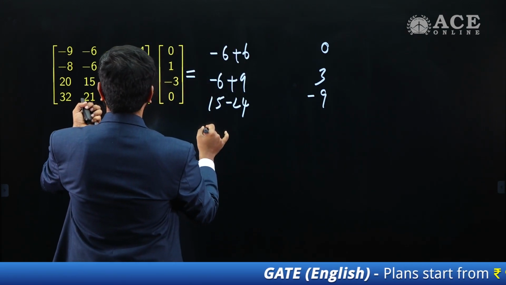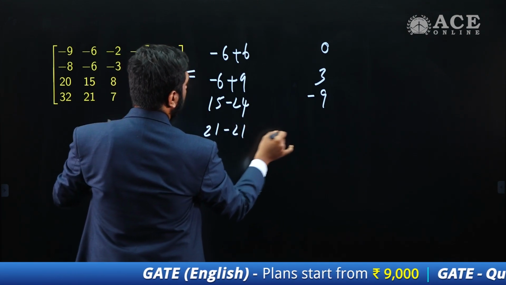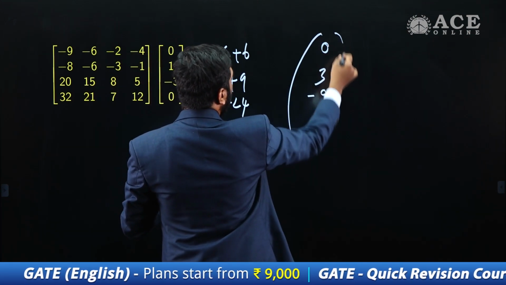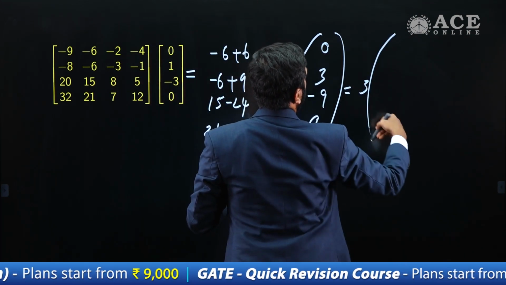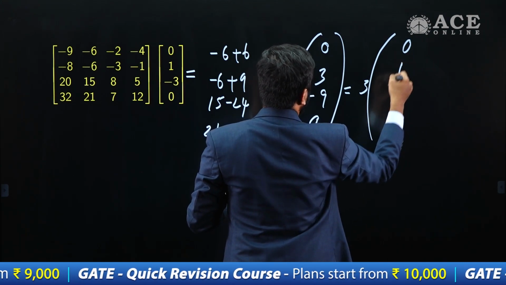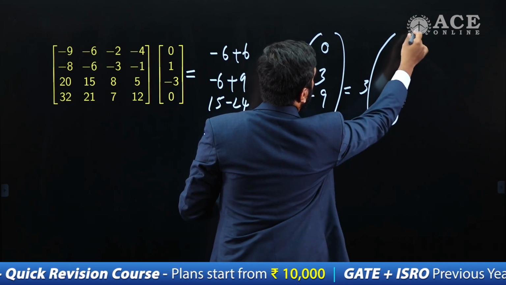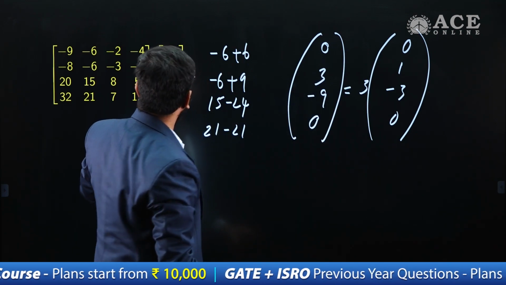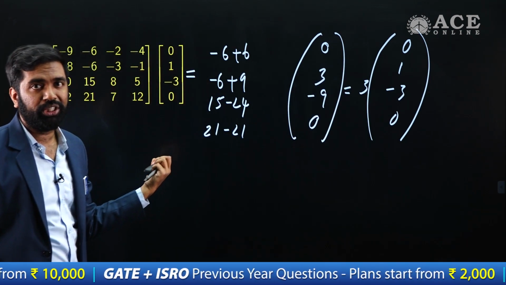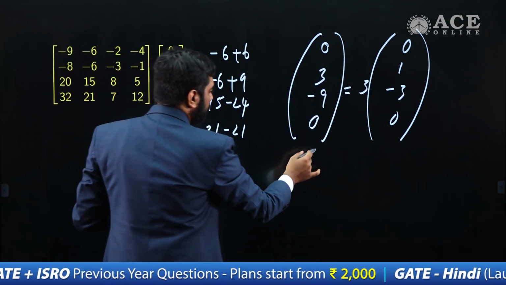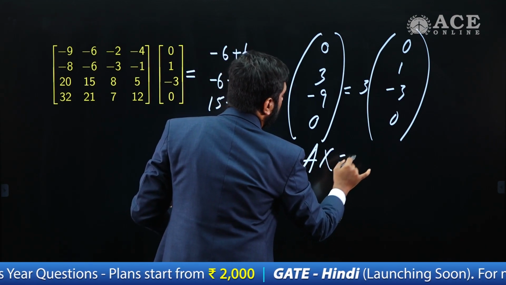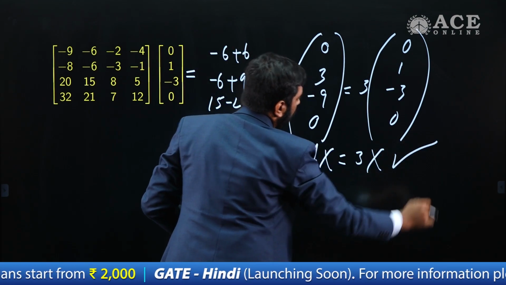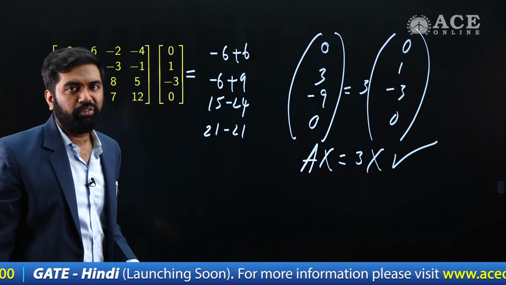The last element, 21 minus 21, it's 0. Do you have any element common here? I can take 3 out. If I take 3 out, 0, 1, minus 3, 0. 0, 1, minus 3, 0 is the vector that you have taken in option D. So this is satisfying the condition AX equal to 3 times X. Yes, it's also the eigenvector.